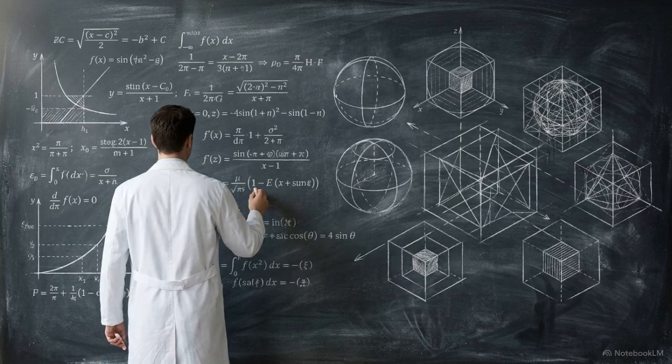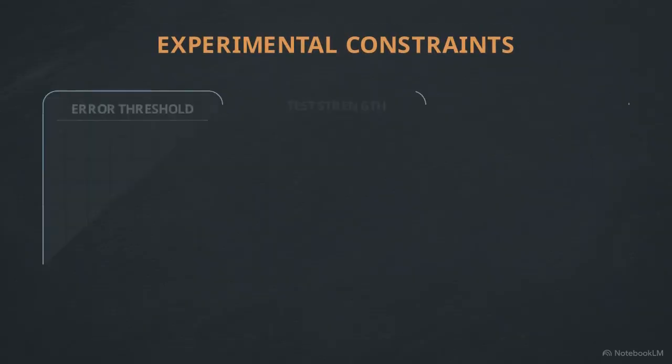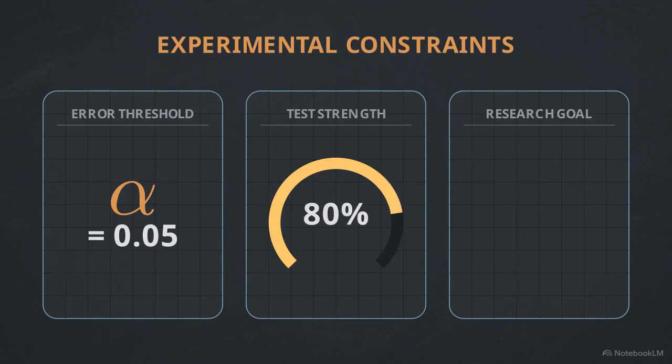Researchers do not just calculate power after the fact. They use it proactively to design experiments from scratch. Consider a clinical trial detailed in the Journal of the American Medical Association. Before collecting any data, the researchers set initial constraints: an alpha of 0.05, a target power of 80%, and a goal to detect a specific drop in coronary heart disease rates from 0.5 down to 0.4.